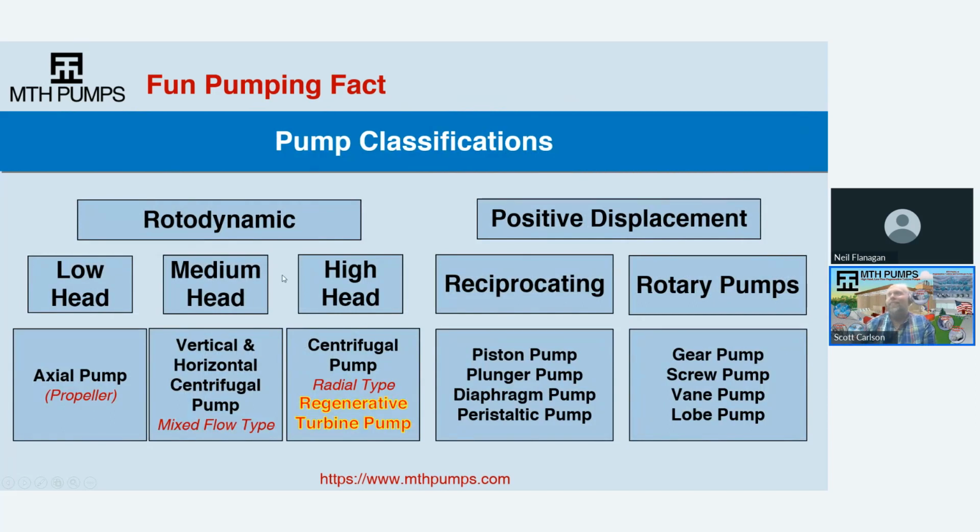Yeah, no kidding. So talking about pump classifications, you've got basically your rotodynamic and your positive displacement. Rotodynamic means that there's rotating equipment involved, and positive displacement means that things are moving back and forth to make liquid move. So you've got your low head or low pressure, which is an axial pump.